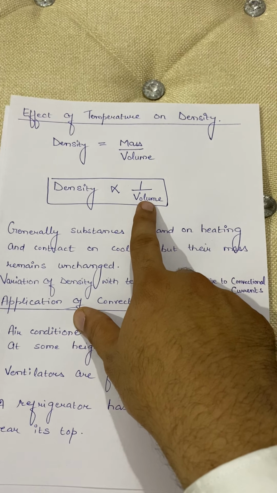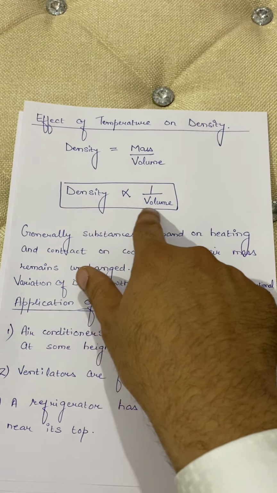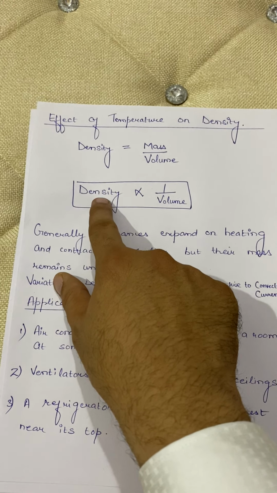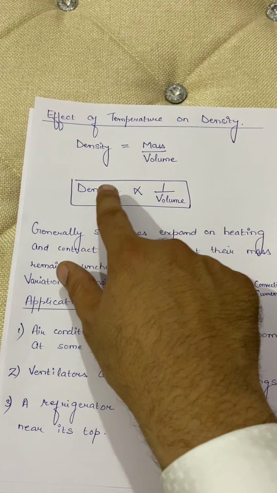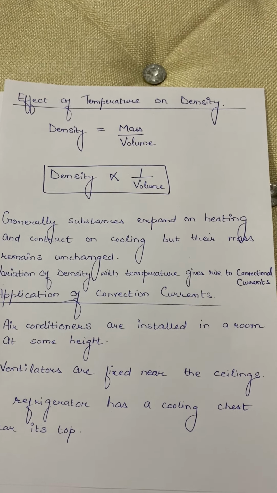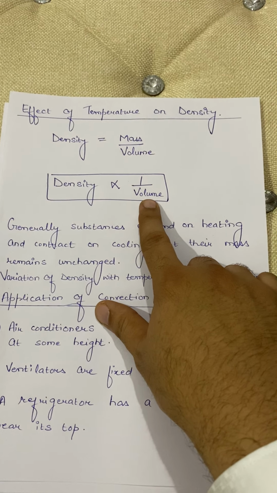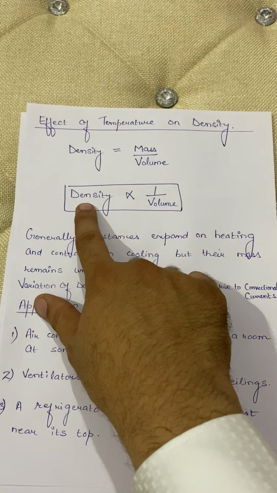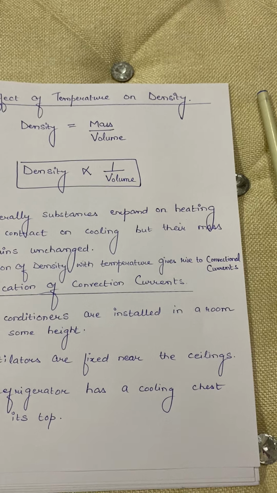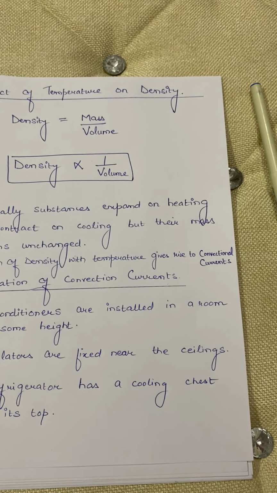Density is inversely related to the volume. If the volume increases, density will decrease, and if the volume decreases, density will increase. So when a fluid is heated, it expands, meaning volume will increase, and due to the increase in volume, the density decreases. The fluid becomes lighter and rises upward.